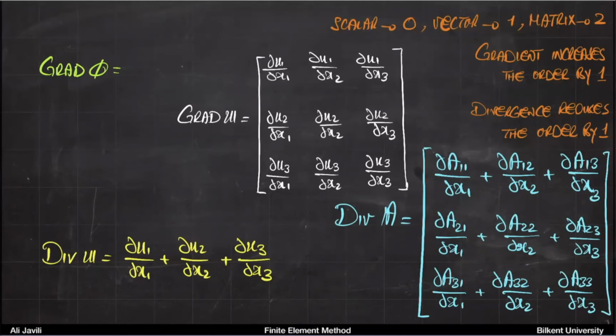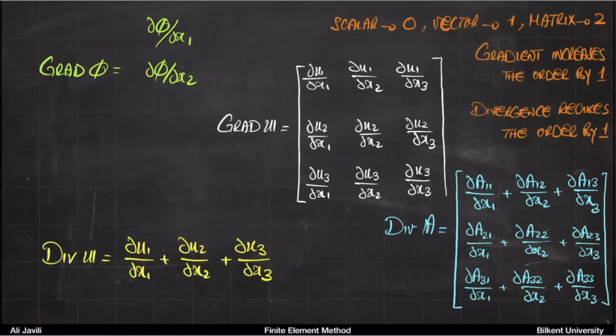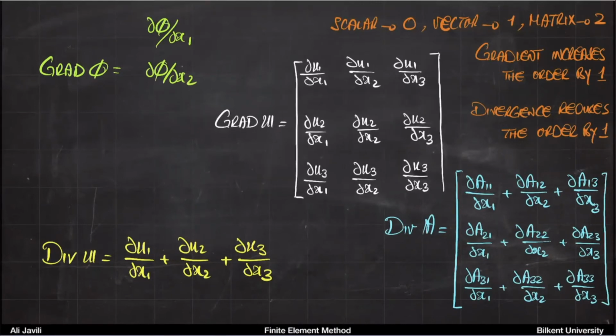All right, so that's derivative of phi with respect to, let's say, x1, derivative of phi with respect to x2, and eventually derivative of phi with respect to x3.